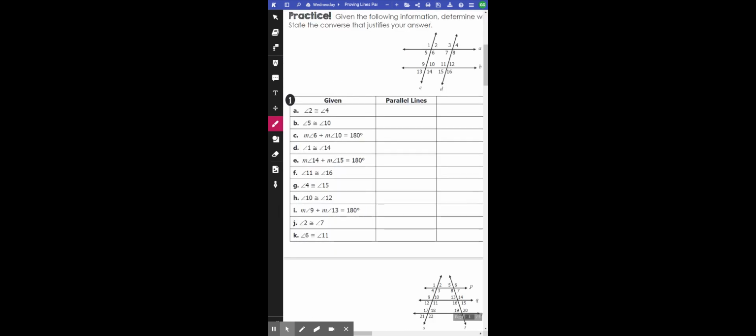All right, so here's the example. Here we have these four lines all intersecting each other, and we have to assume, or we're going to prove, lines are parallel just by what is given to us over here on the left hand column. So let's look at each one of these, and for us to be able to call any lines parallel, let's take for instance 1A, those two angles, say angle 2 and angle 4, both have to share a common transversal.